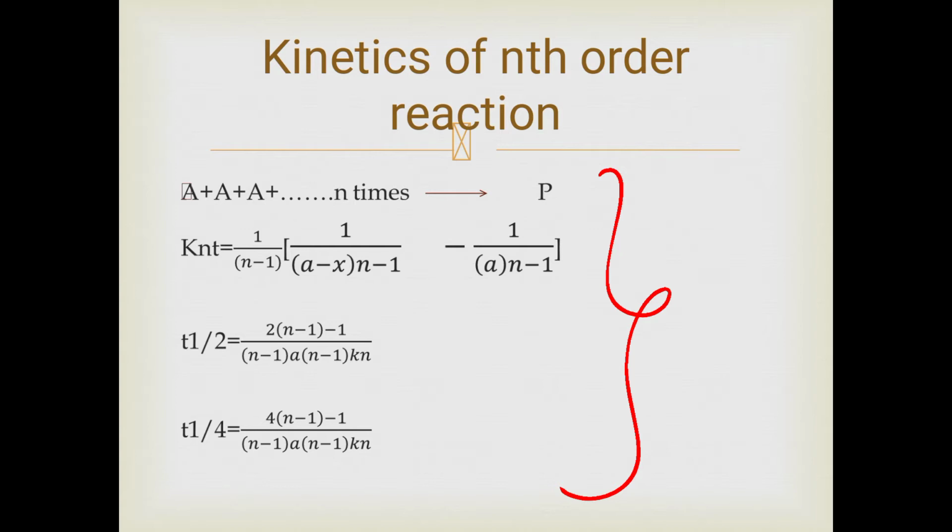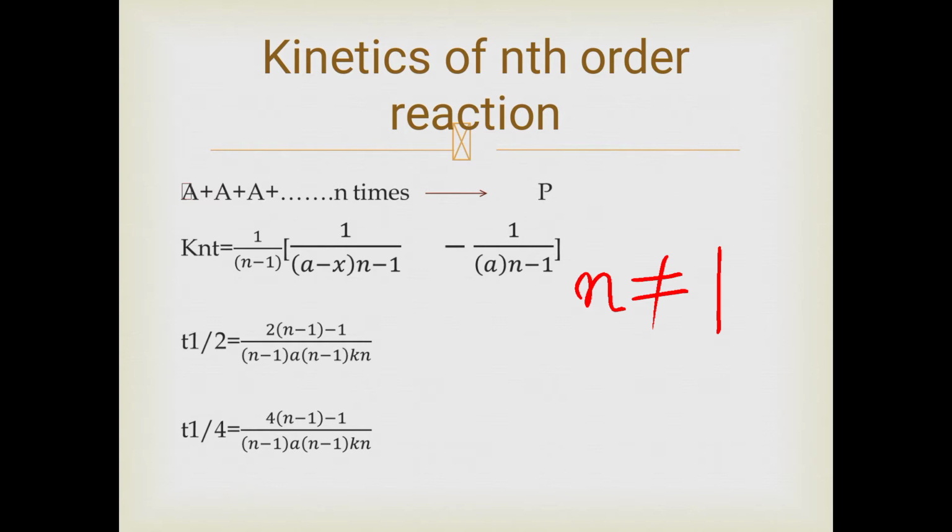For example, if I say second order, I just have to replace n by 2 everywhere and I get my value. So also for T half, if I replace my n by 2, I get my values. But it is very important to note that you cannot use this formula for n equal to 1. That is the only thing.